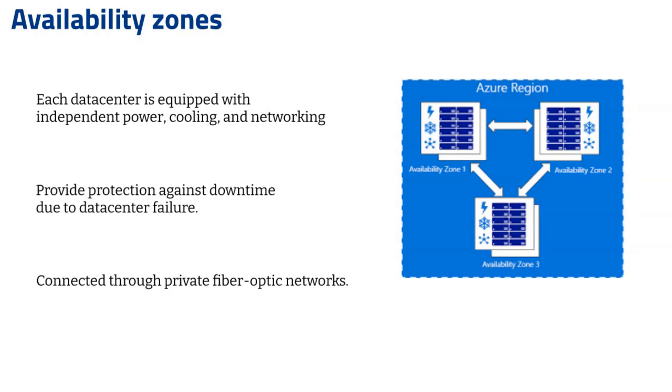You can use availability zones to run mission critical applications and build high availability into your application architecture by co-locating your compute, storage, network, and data resources within an availability zone and replicating in other availability zones. Keep in mind that there could be a cost to duplicating your services and transferring data between availability zones. Availability zones are primarily for VMs, managed disks, load balancers, and SQL databases.